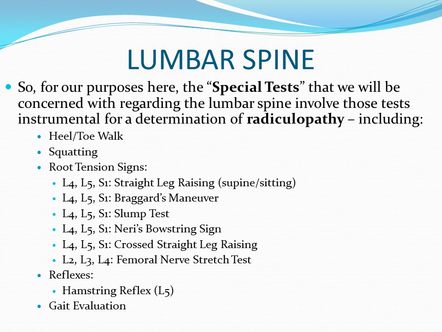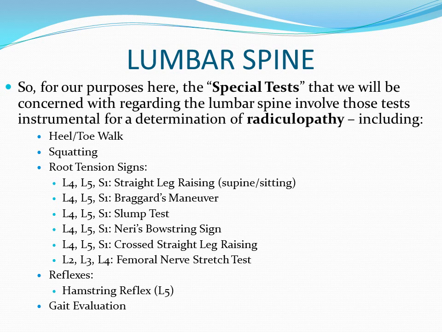So for our purposes here, the special tests that we'll be concerned with regarding the lumbar spine involve those tests that are instrumental for a determination of radiculopathy. We're going to be focused here on radiculopathy. Some of those tests include the heel-toe walk and the repetitive squat maneuver, and the squatting maneuver is specifically described in the AMA guides.